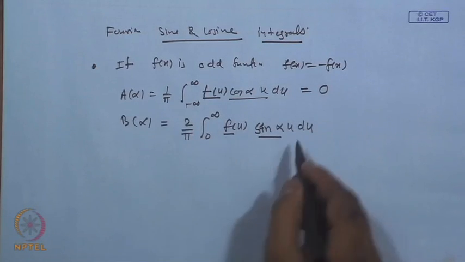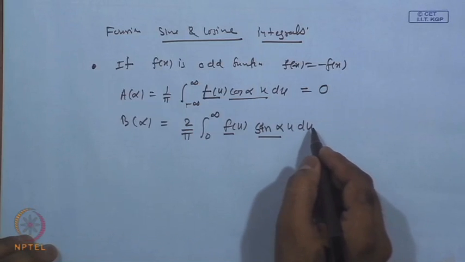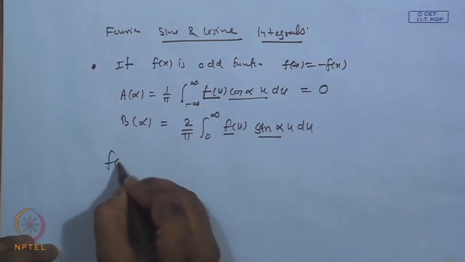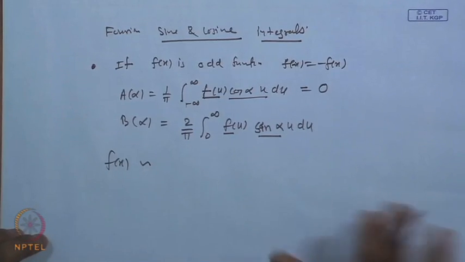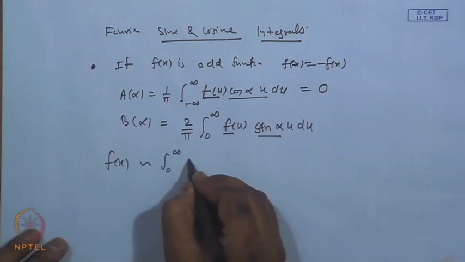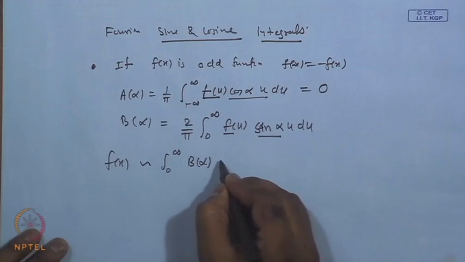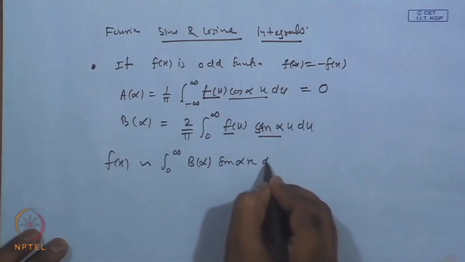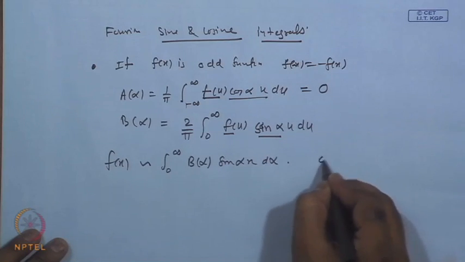So, the integral will be 2 over pi f(u) sin alpha u du. So, in that case, the Fourier sine representation of that function will be given by the integral from 0 to infinity of b(alpha) sin alpha x d alpha.